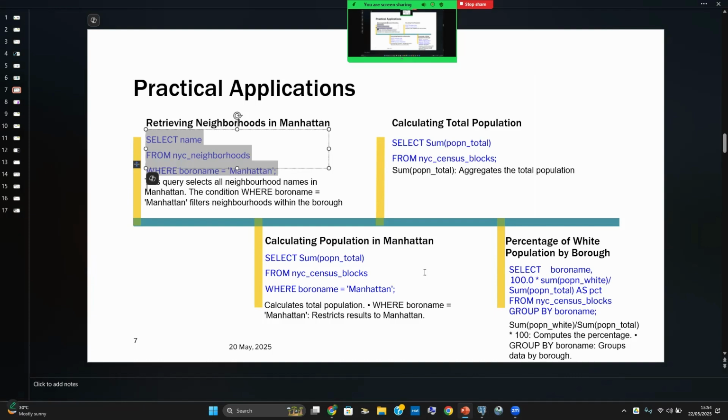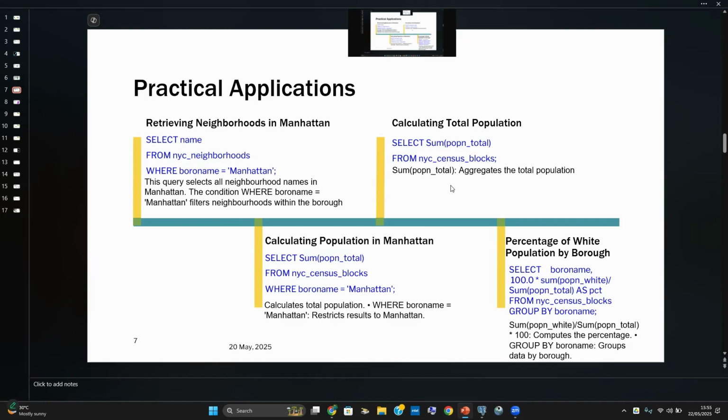we're also able to calculate total population, right? So what we're seeing here, we're using the census blocks in New York City, and then what are we doing? We're summing the population n_total fields. All right. And in that sense, we're aggregating the total population from the New York census blocks.